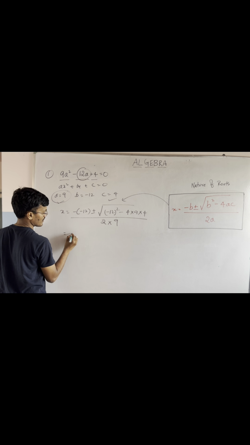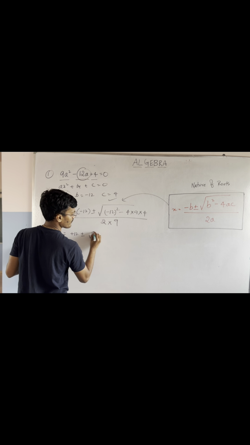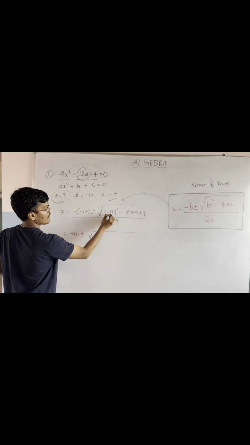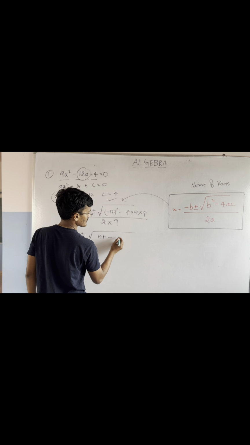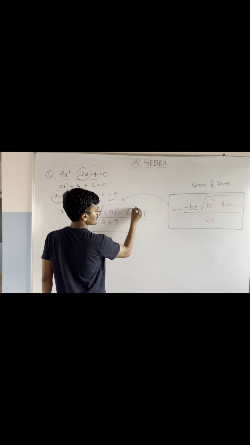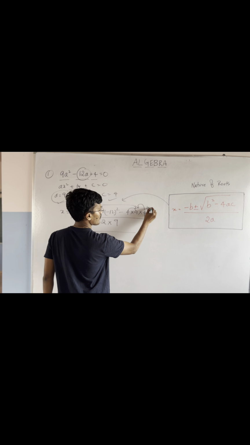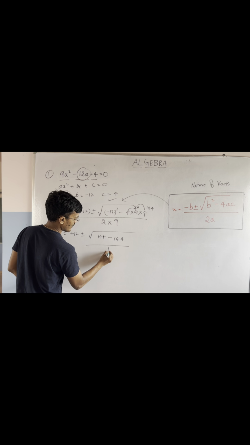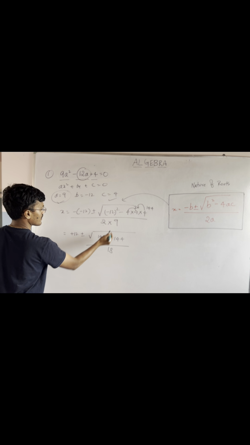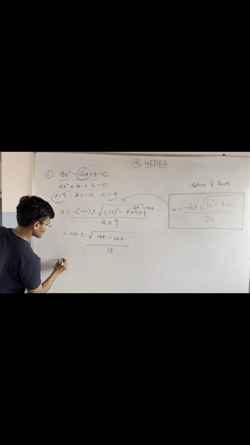Minus into minus is plus, so 12 plus or minus root of 12 square, which is 144, minus 4 nines are 36, 36 fours are 144, divided by 18.